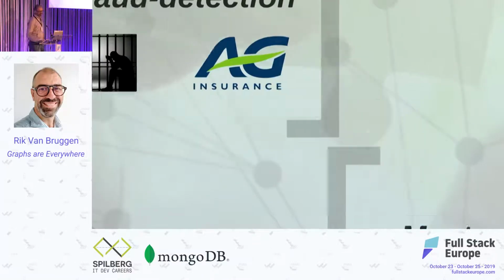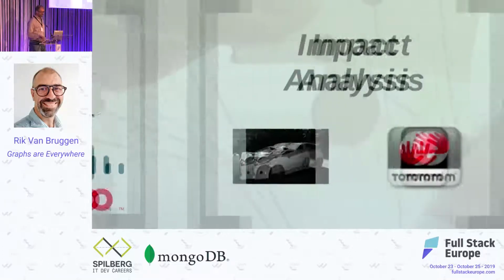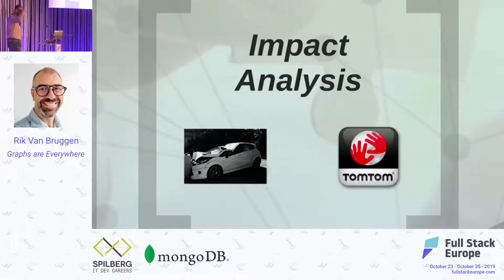So real-time fraud detection, master data management, people in financial services or in government or other places, they care a lot about the quality of the data, understanding how to manage the governance of their data. That means understanding where data comes from, where data flows to, and how you're going to assure that quality.